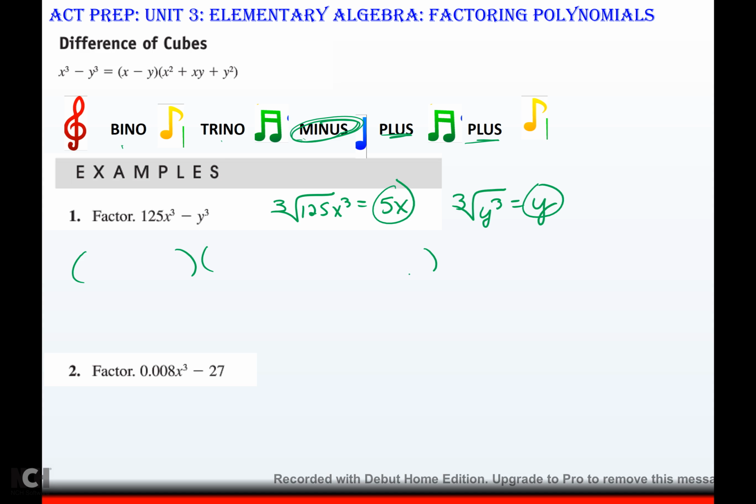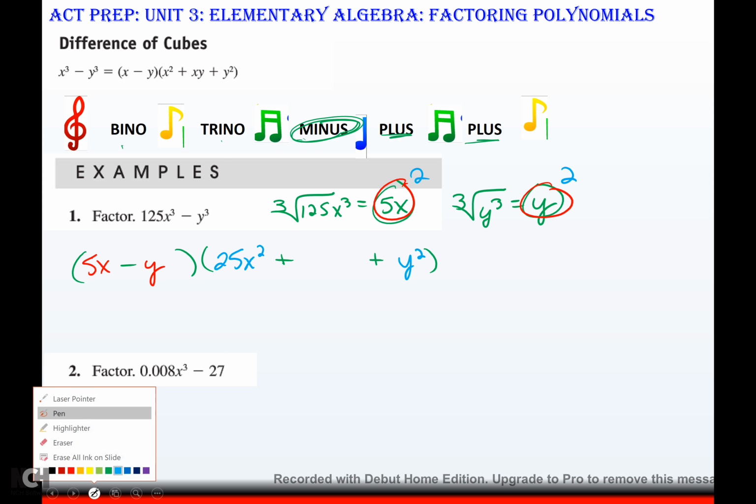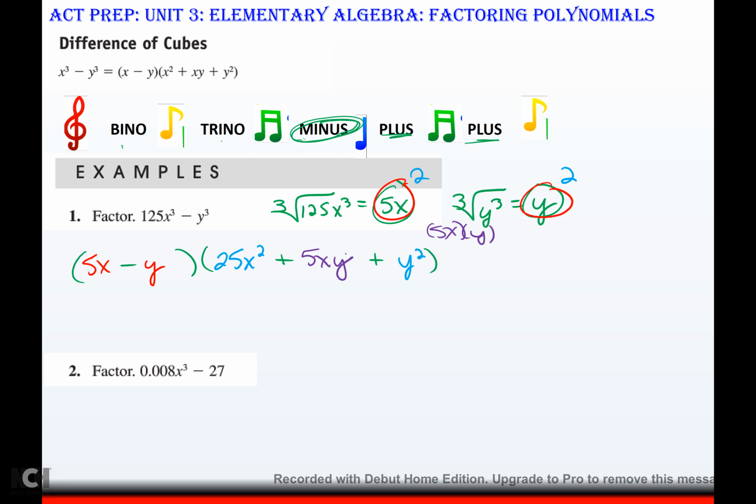Binomial, trinomial, minus, plus, plus. Again, these go in the binomial, so 5x minus y. Square them for the trinomial. 5x squared is 25x squared. y squared is y squared. And to get the middle, you multiply 5x times y, which is 5xy. Done.